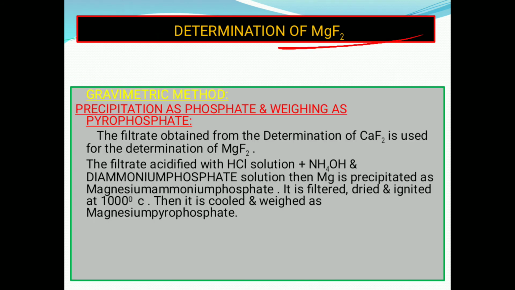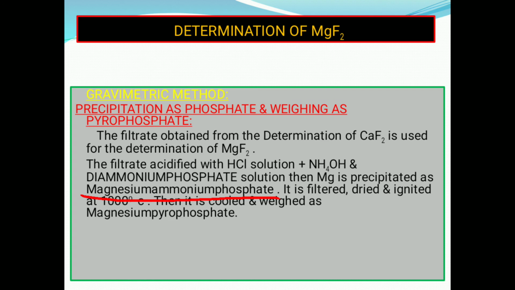Now, determination of magnesium fluoride. Here also, gravimetric method is used for the determination of magnesium fluoride. Just conversion of magnesium into magnesium phosphate, after that magnesium pyrophosphate. So take the filtrate obtained after the determination of calcium fluoride, then acidify it with HCl solution, add ammonium hydroxide and diammonium phosphate solution. Then magnesia which is present in the sample will be precipitated as magnesium ammonium phosphate.